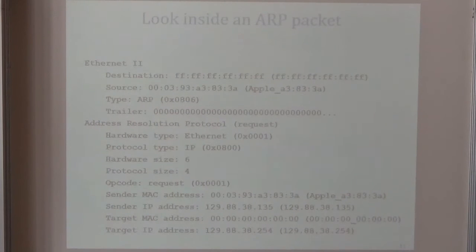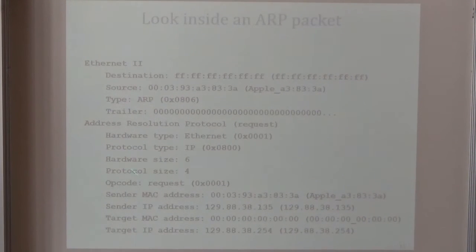All ones mean broadcast and is not valid for a host address. 0 is also not valid and means absence of address. Typically, you use that when you prefer to have a fixed format. You have a field where you need to put an address. There is no address, so you put 0. You could also have a variable format and have no field here, but this is typically done there.